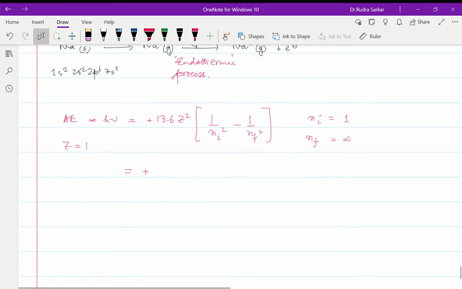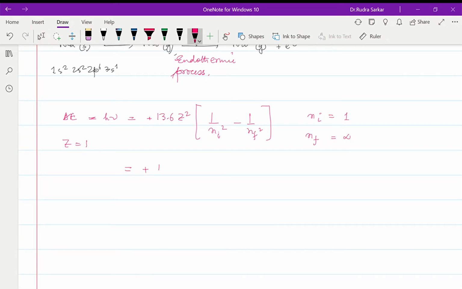Okay, so we can say this to be as 13.6. Alright, Z value is 1, isn't it? Yes sir. And in the equation, what we will say? Ni square by infinity square. 1 by infinity is what? We can write mathematically 0.